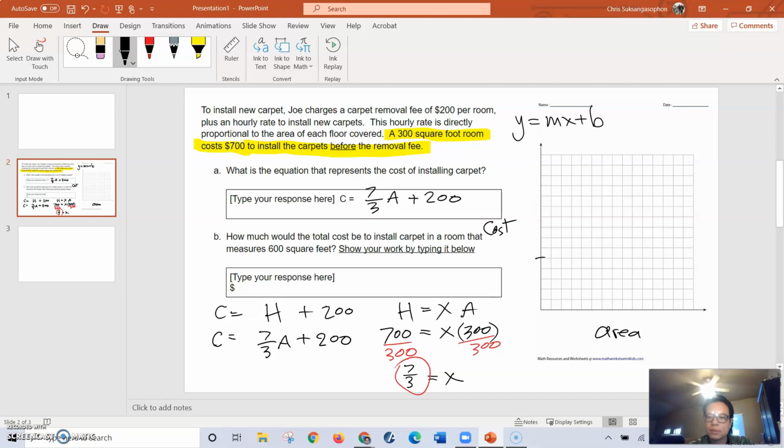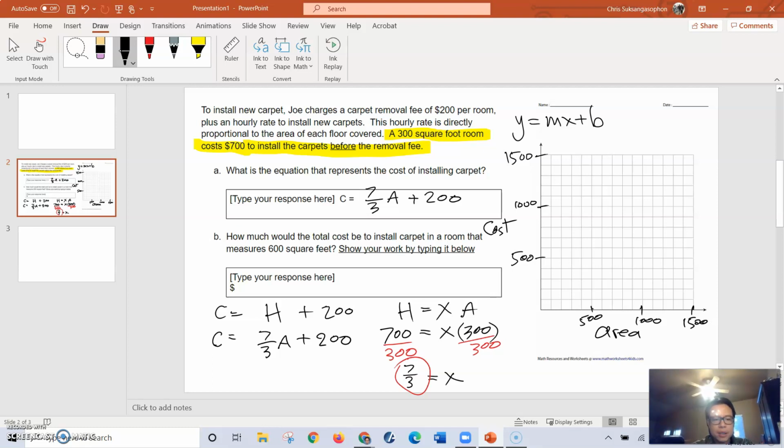Okay, so say 500, 1000, 1500. You get the idea. Okay, so the area of the room will be also 500, 1000, we might not need to go up that far.